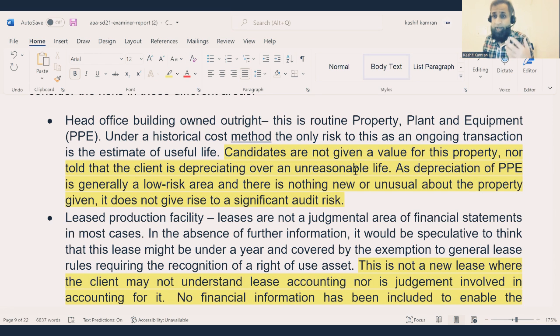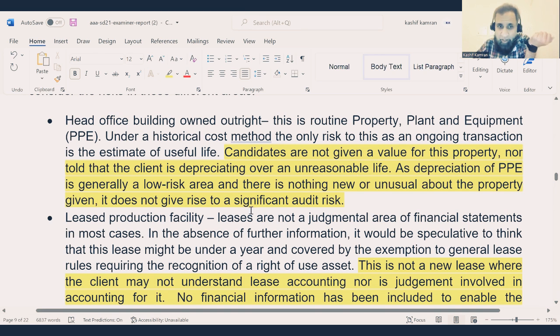A lot of the time the risk becomes important even though it does not have a materiality calculation, but it is something complex, something subjective, something non-routine. But for a head office, there was no further information given by the examiner. So it was very likely that a student would waste time writing a risk on the head office when that was not a specific risk to be highlighted.